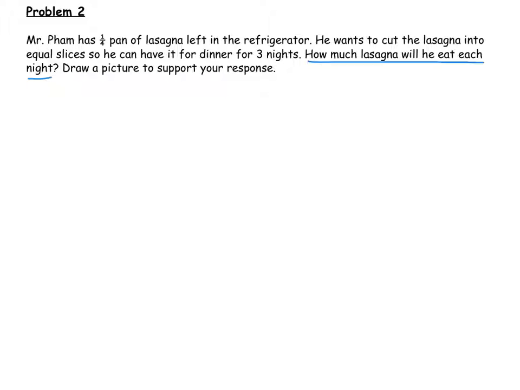How much lasagna will he eat in 1 night? All right. So how much, like the number of lasagna? So what do I know? He has 1/4 of a pan of lasagna that's left over. He wants to cut the lasagna into equal slices, and he wants to have it for 3 nights.